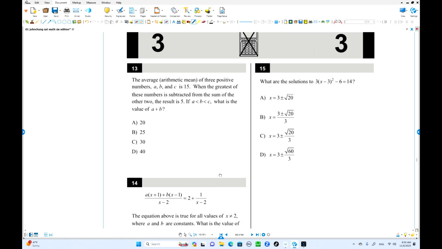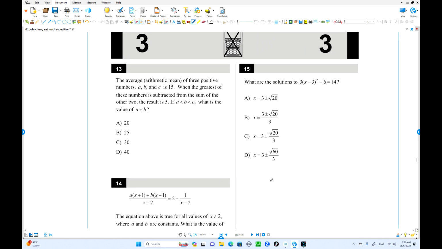Alright, number 13. The average of these 3 numbers is 15. You can say that (a plus b plus c) over 3 equals 15, which is what? It equals 45. The sum of these 3 numbers is 45. Okay, c is the greatest one. C equals what? The sum of the other two.